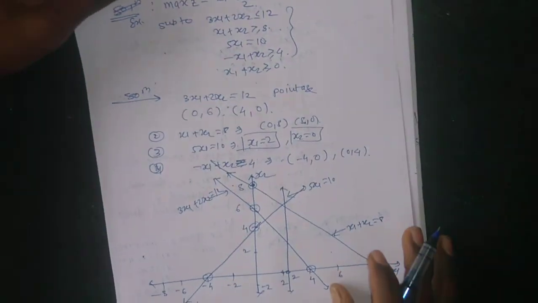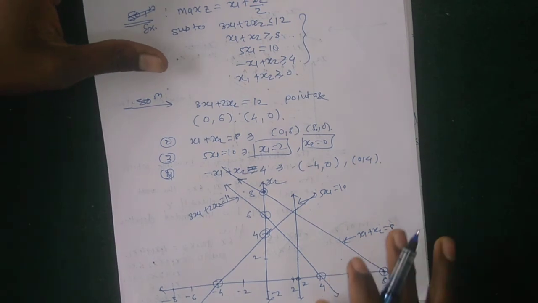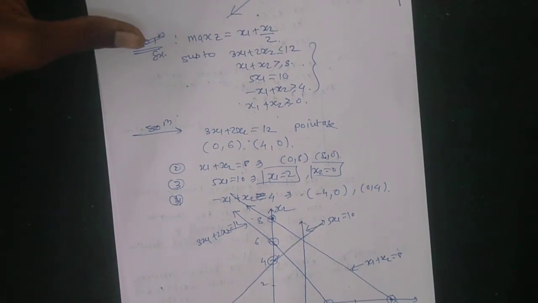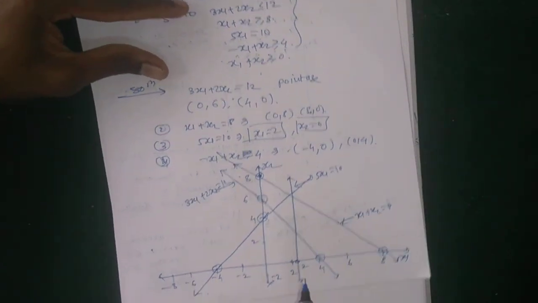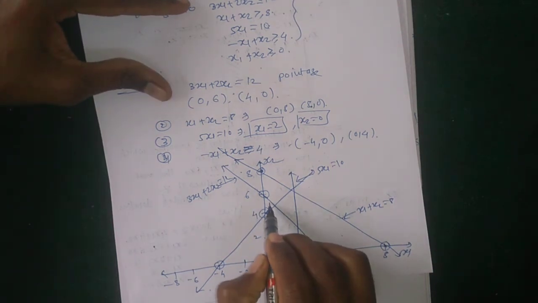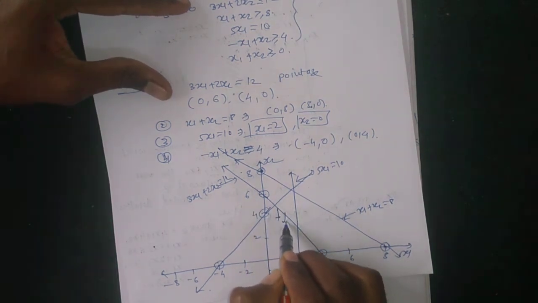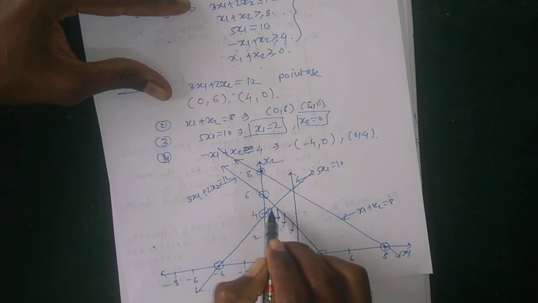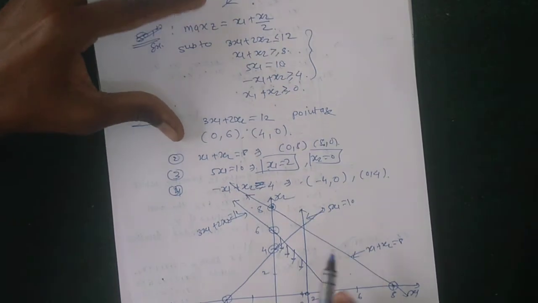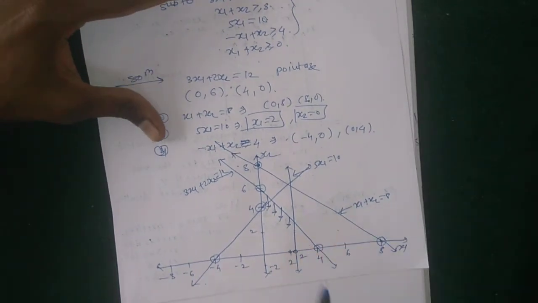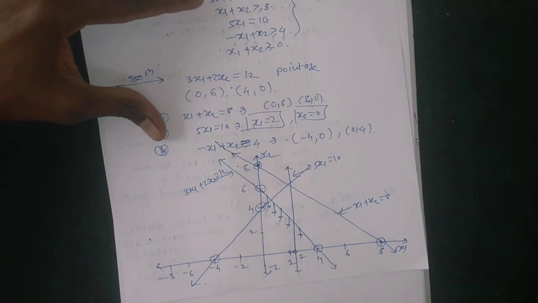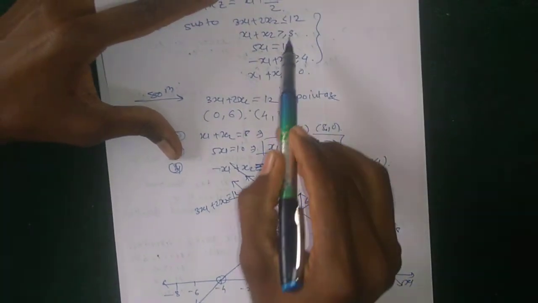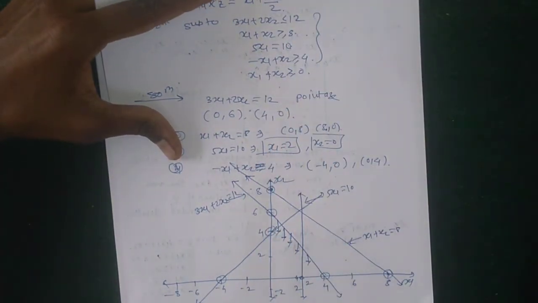Now to find region for this line. First constraint is less than or equal, means their region is the below side of this line. 3x1 + 2x2 ≤ 12 means below side of this line.